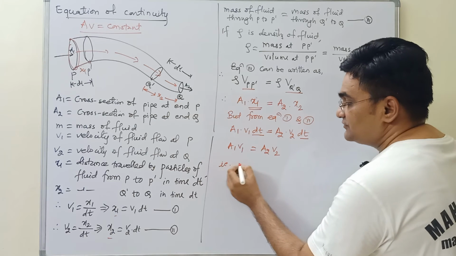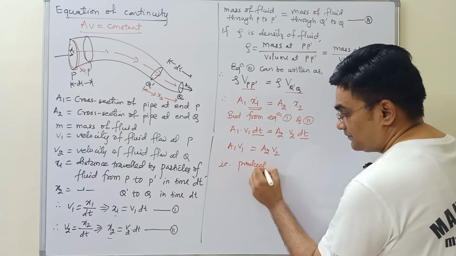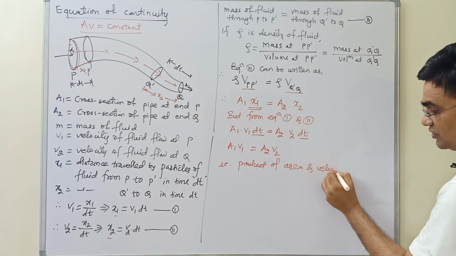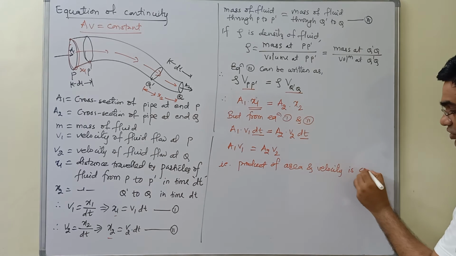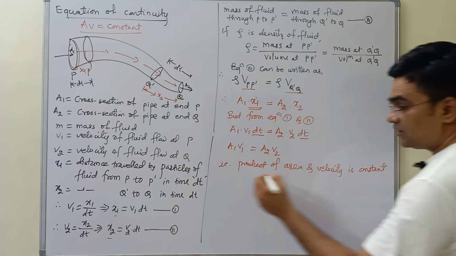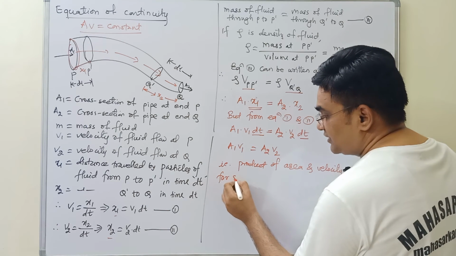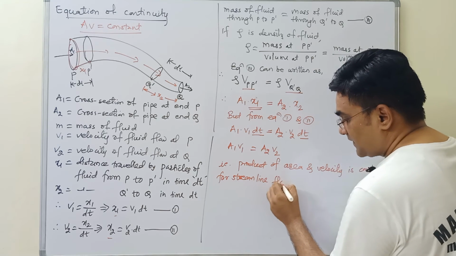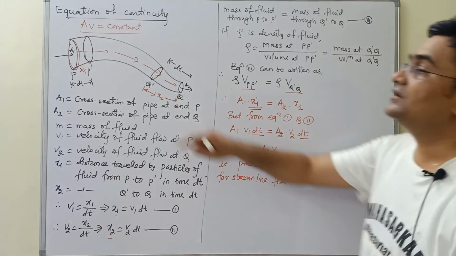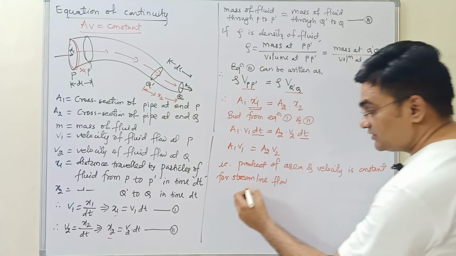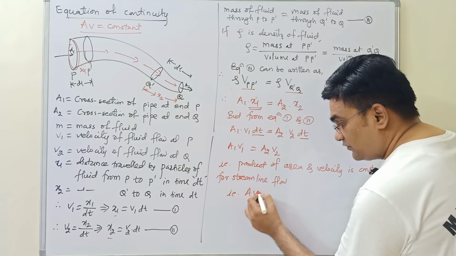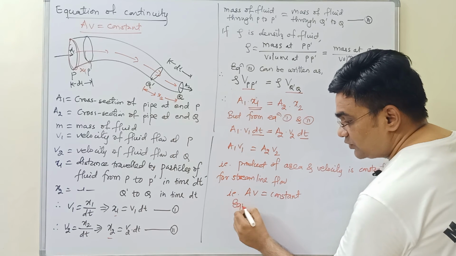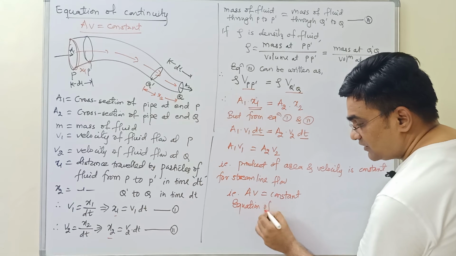So I can say the product of area and velocity, or speed, is constant for streamline flow of fluid passing through different cross-sectional pipes. This equation, A into V is constant, is called the equation of continuity.